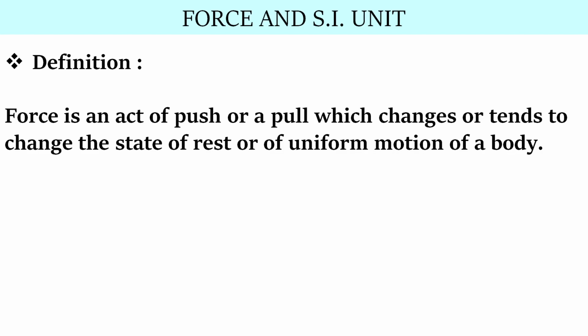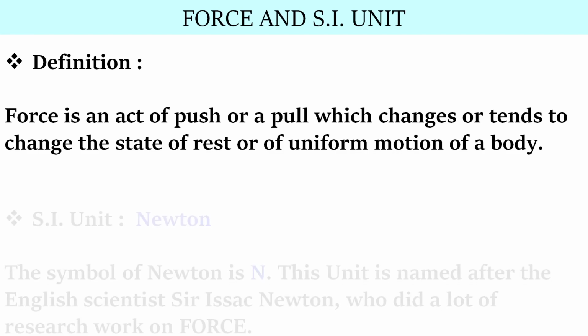And if an object is already in motion, by applying a force, you can stop the object from moving. So the force is an act of push or pull which changes the state of rest into state of motion, or an object which is in motion can be made to stop. I hope it is clear.